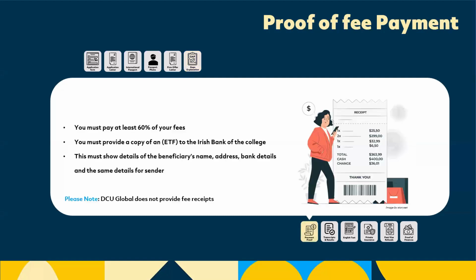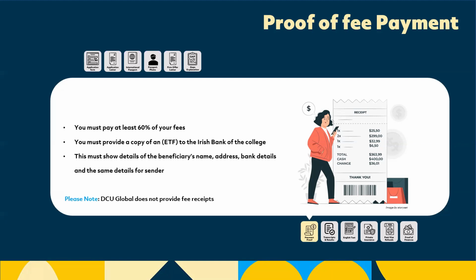Okay. Then the next thing is you need to prove that you have paid some amount towards your fees. Again, as I mentioned in the webinar yesterday, you need to pay at least 60% of your fees before applying for your visa. As I said, you need to use TransferMate to make that payment because you can receive a receipt from TransferMate.